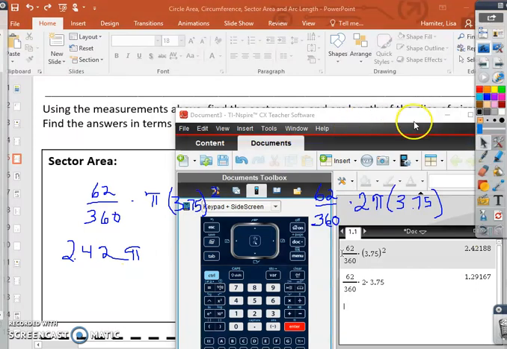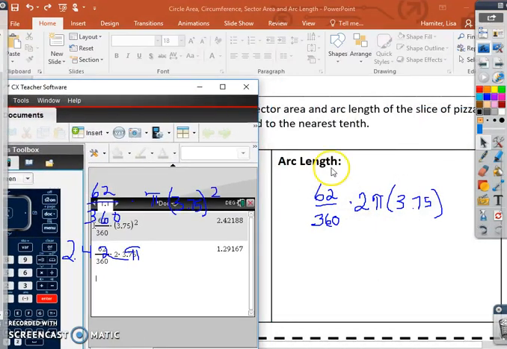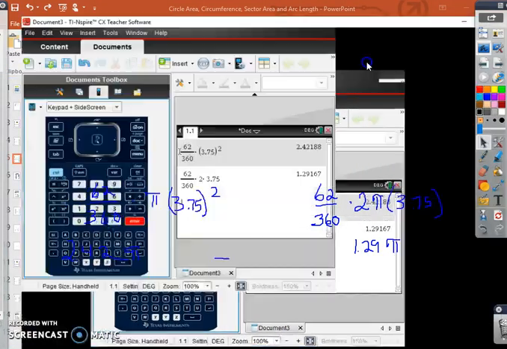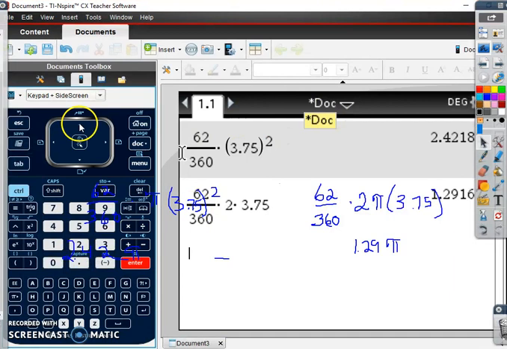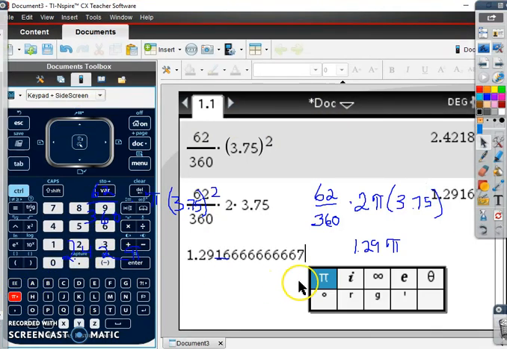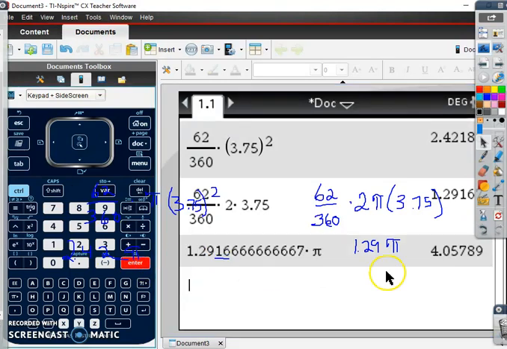And if I were leaving the arc length side in terms of pi, my answer is 1.29 pi. But then, of course, I can go in and multiply by pi, hit enter, and then leave the decimal answer if I needed to do that.